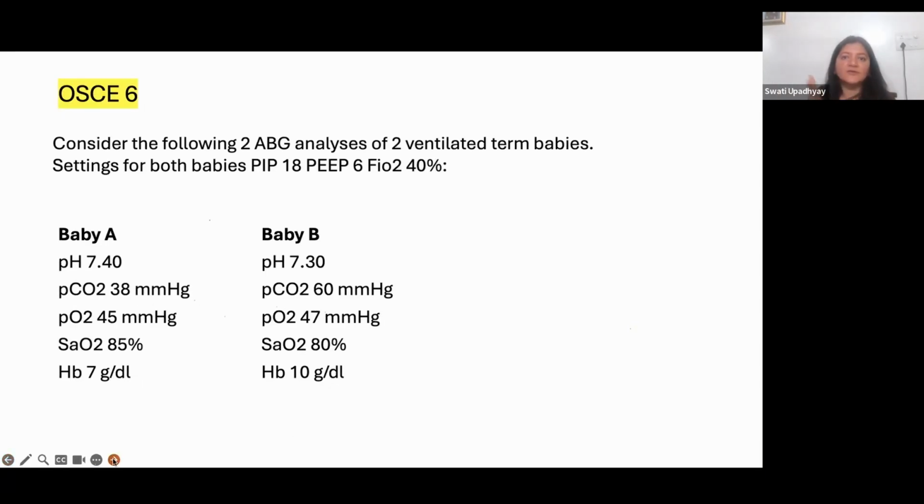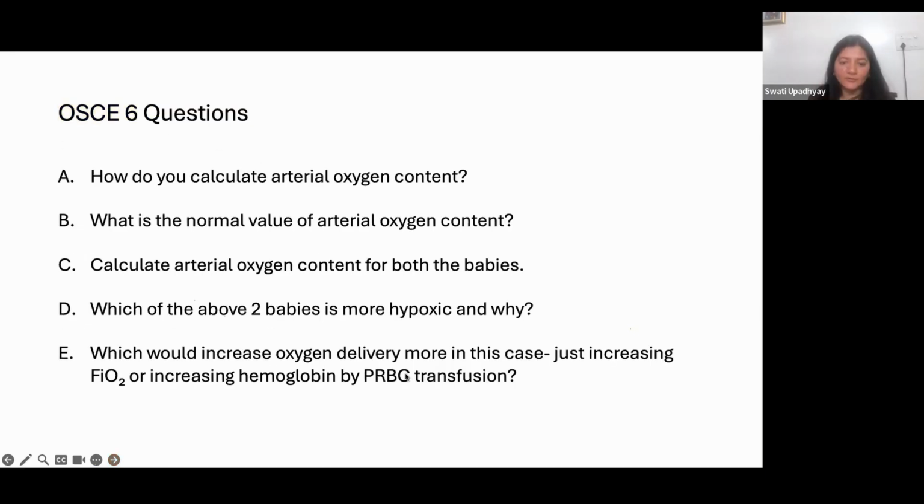Oxygen is transported in two forms, as we all know, majorly bound to hemoglobin, and a little is dissolved in plasma as well. Each gram of hemoglobin can carry 1.34 ml of oxygen. So, hemoglobin-bound oxygen is calculated as 1.34 into hemoglobin into SaO2, right? That gives us the oxygen which is bound to hemoglobin.